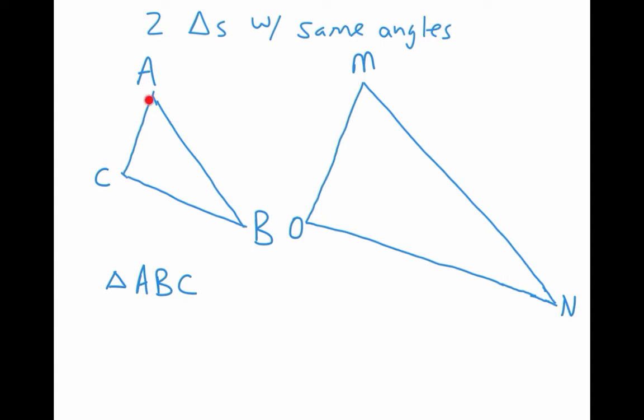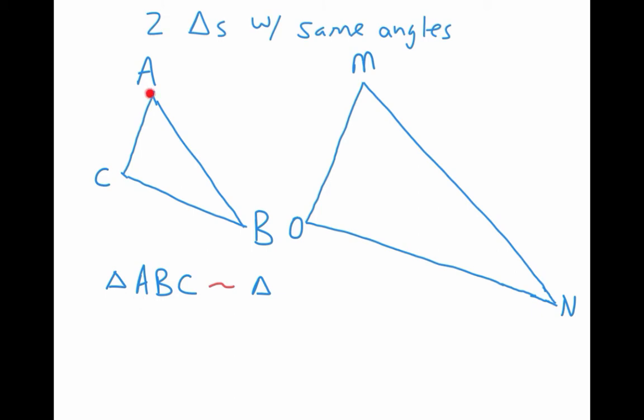If you want to say the two are similar, the notation for similar is that little squiggly, kind of like half of a congruent sign, one tilde. Now when I label my second triangle, I need to make sure that whatever vertex I put first corresponds to this A.